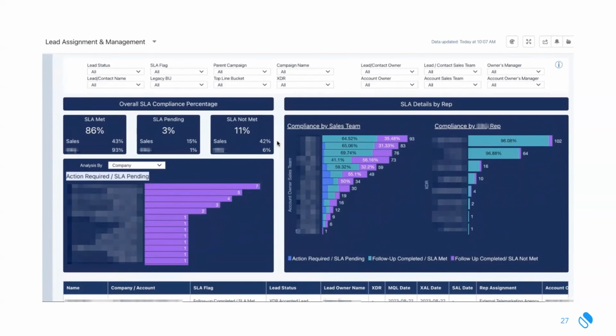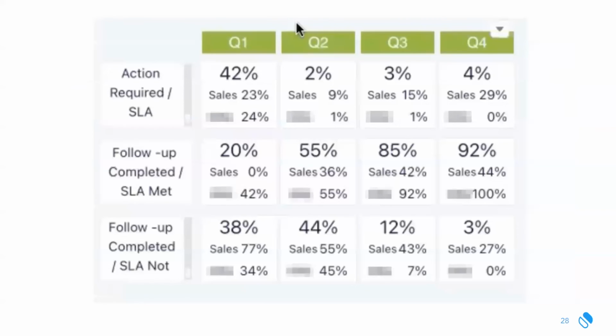It really enables some super powerful reporting. And you can do this over time as well and see, is our compliance increasing, decreasing? Hopefully it's increasing across the board. But again, you can split that out by teams and see really what's going on there.